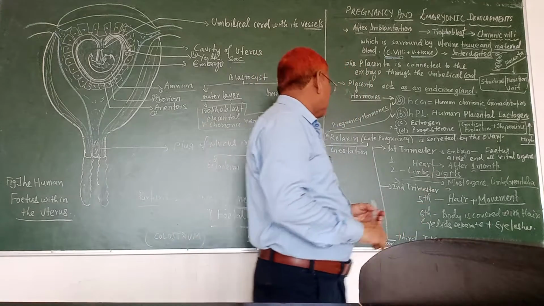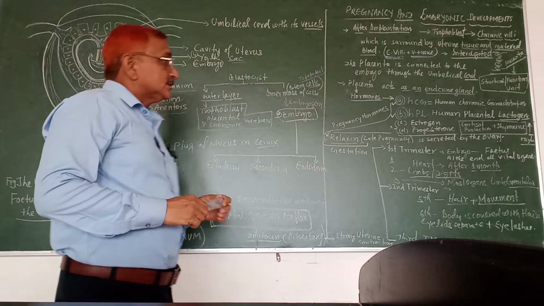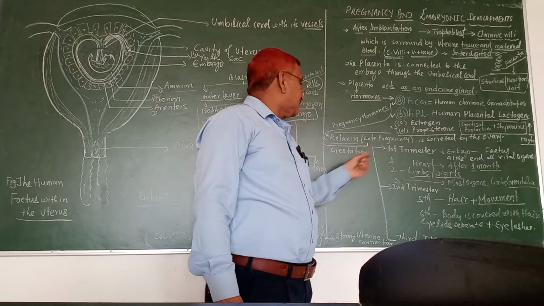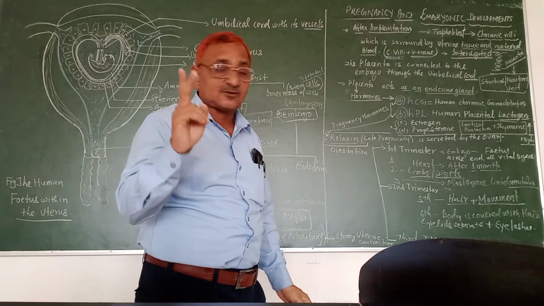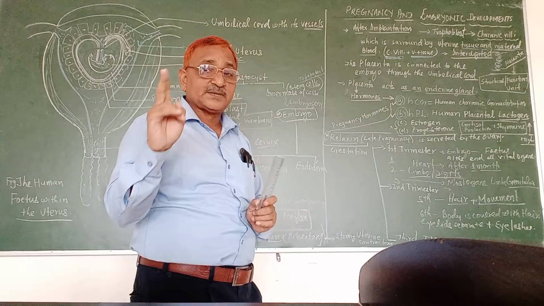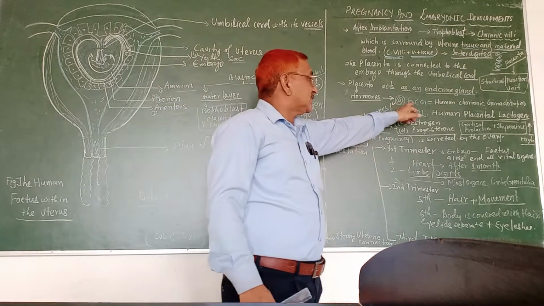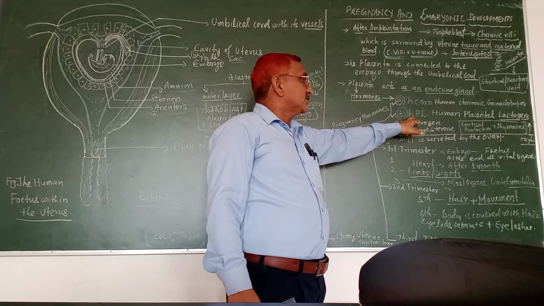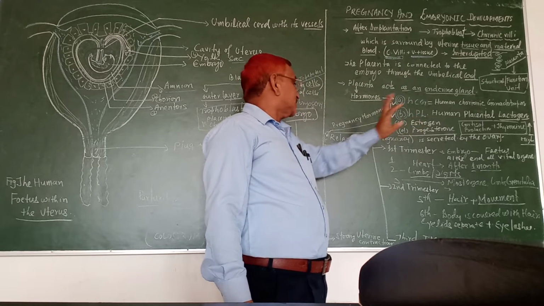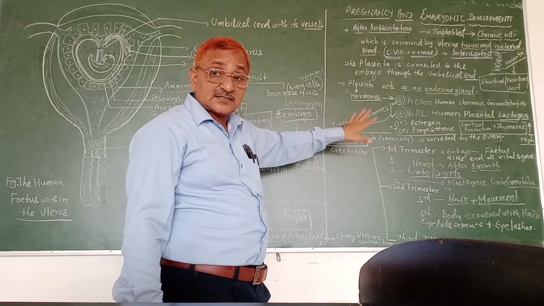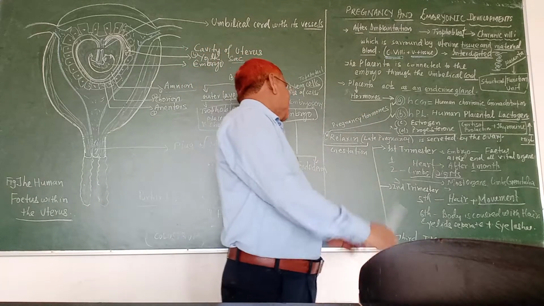So you must know about it. These 3 hormones, HCG, HPL, and relaxin, are called pregnancy hormones. Which are the pregnancy hormones? They are HCG, human chorionic gonadotropin, human placental lactogen, and relaxin. These 3 are especially called pregnancy hormones.